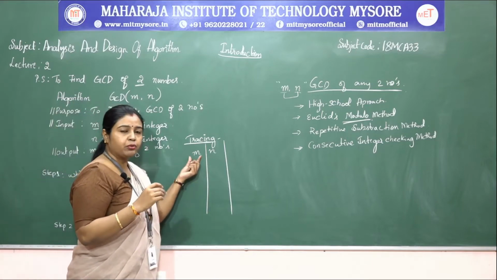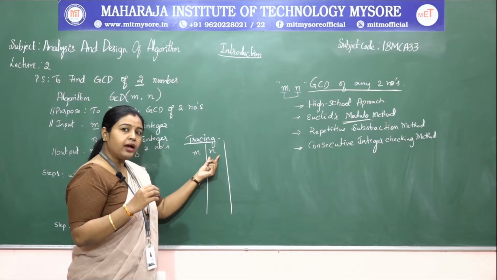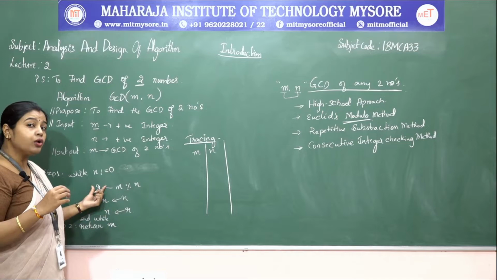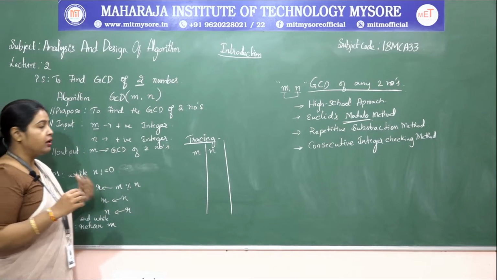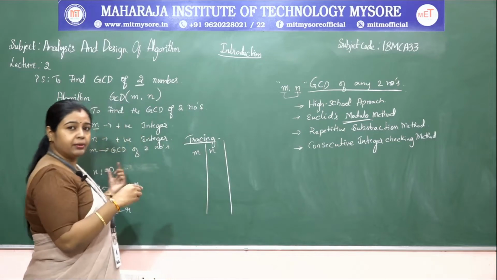In the first column I am going to write m, and in the second column I am going to write n. And next, we also find the remainder, so we need to calculate the remainder.